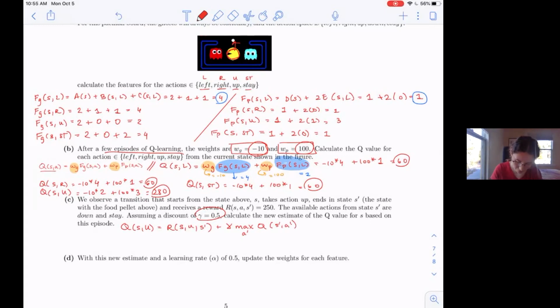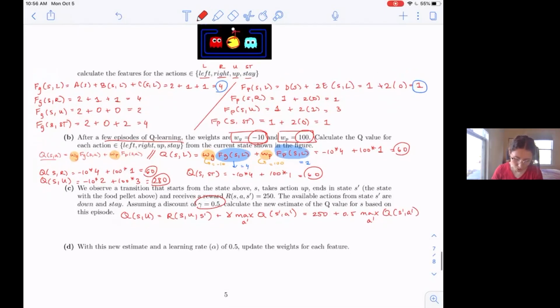So we know a bunch of these components. We know that R of S, U, S prime is 250. We are told that we have a discount factor of 0.5. And now we're essentially just trying to figure out what's the max over all actions of the Q value at the next state.